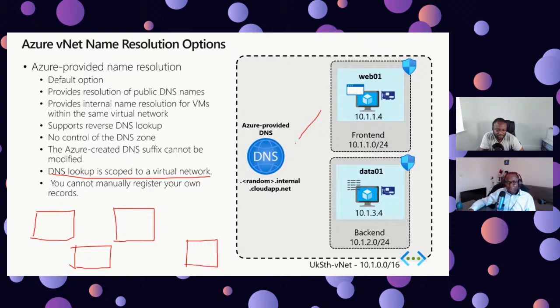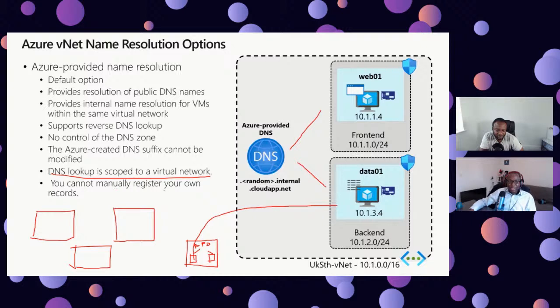So these instances here will be able to resolve each other's names to one another, using the Azure provided DNS. I'll just say APD, Azure provided DNS. However, this instance over there cannot resolve the DNS name for this instance over here with Azure provided DNS. So it is scoped to that virtual network.